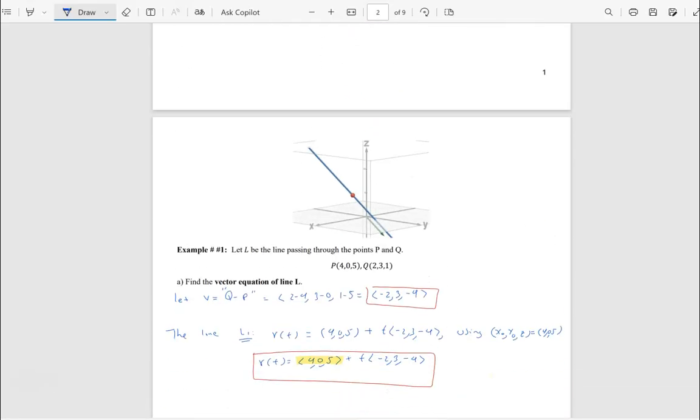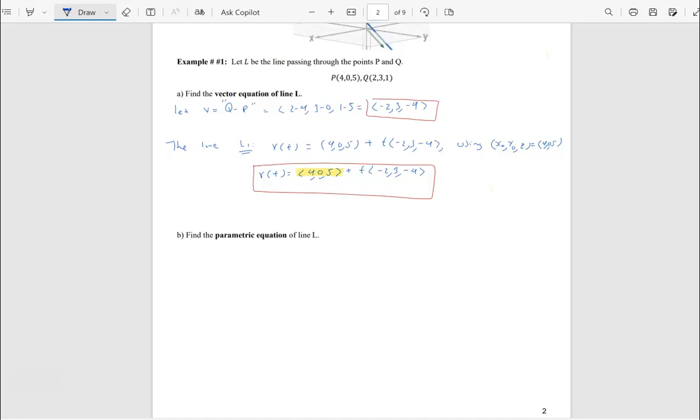So your x value is equal to 4 minus 2t. Your y value is going to be 0 plus 3t, or simply 3t. Your z value is going to be 5 minus 4t.